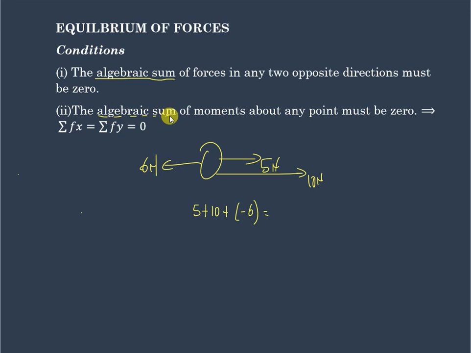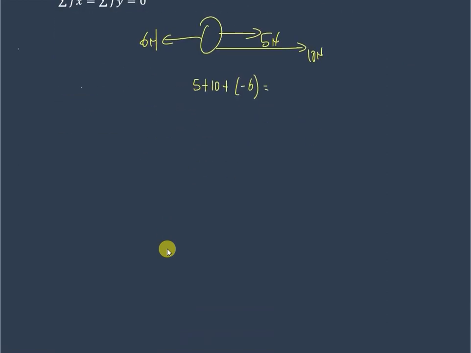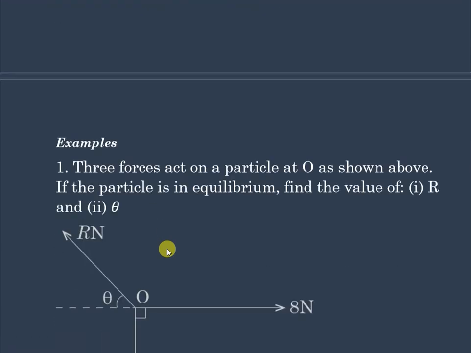If we are talking about moments and algebraic sum, it means that if the clockwise moments are taken to be positive, then the anti-clockwise moments should be taken as negative. So you take one direction of moments to be positive and another one as negative. That is in the algebraic sum. Those conditions must be satisfied for equilibrium of a body.